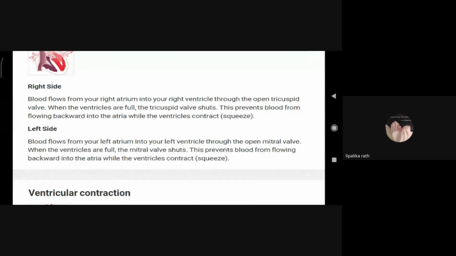Next, on the left side, blood flows from your left atrium into your left ventricle through the open mitral valve. Now, this mitral valve is the bicuspid valve, and this comes many times in your exam.